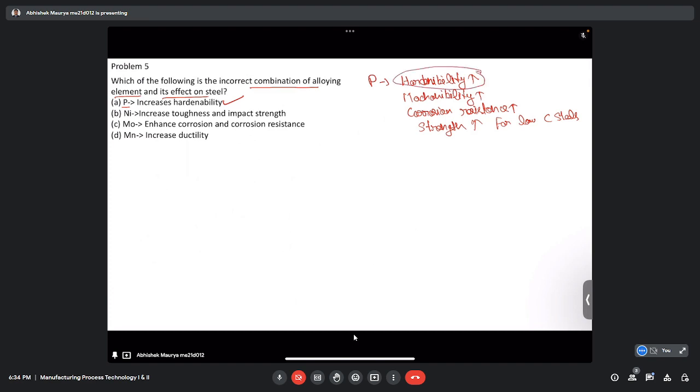And the next one is nickel. So yes, nickel is also one of the alloying components of steel. What property changes when we add nickel? The first one is that toughness increases, or we can say impact strength. If toughness increases, then its impact strength will also increase.